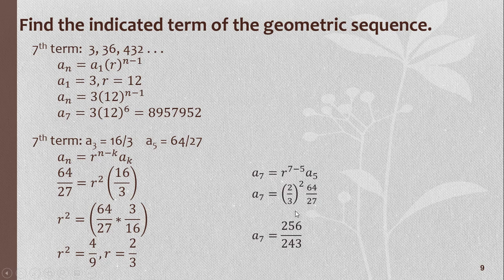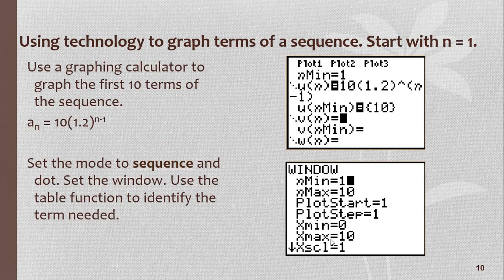So a7 is 256 over 243. I'll give you a couple seconds to get those notes down. And you can take a screenshot of this or go look at the notes later if you want to.